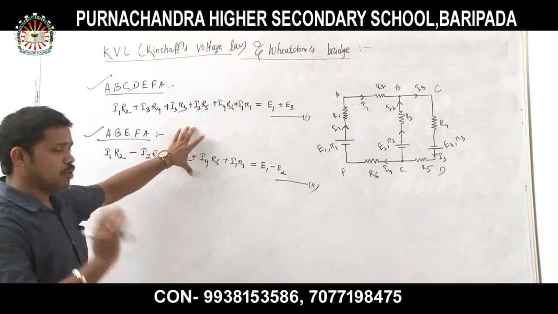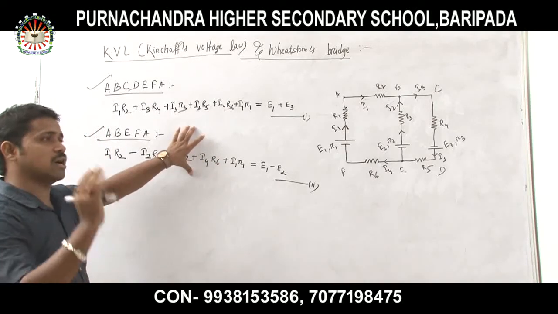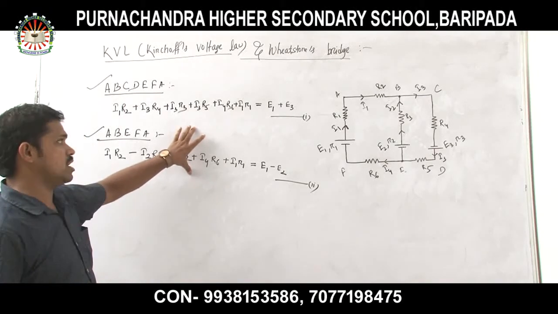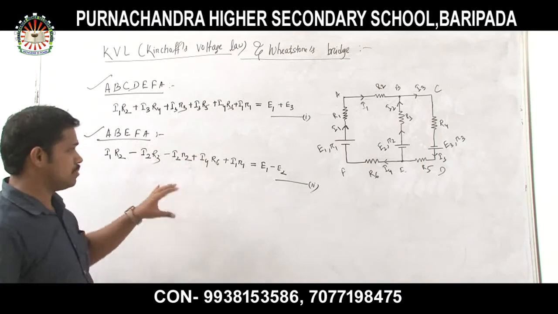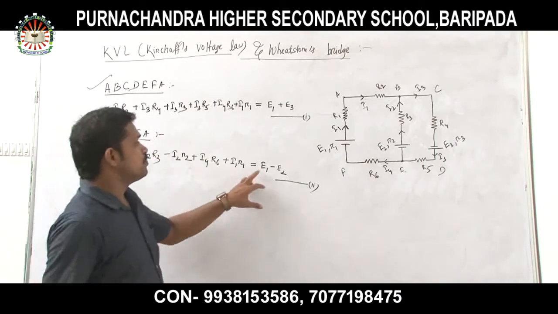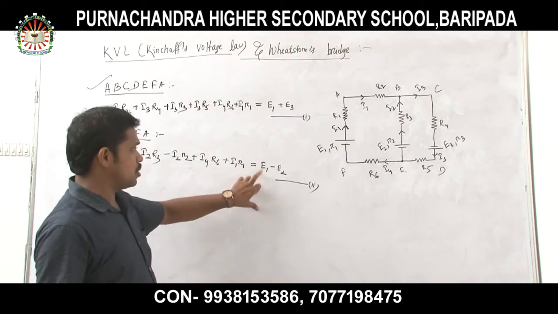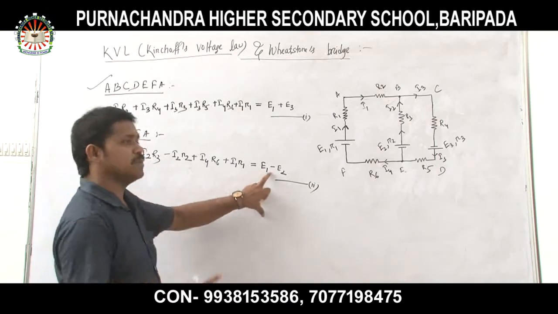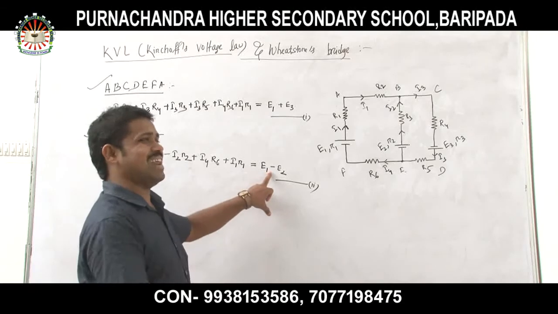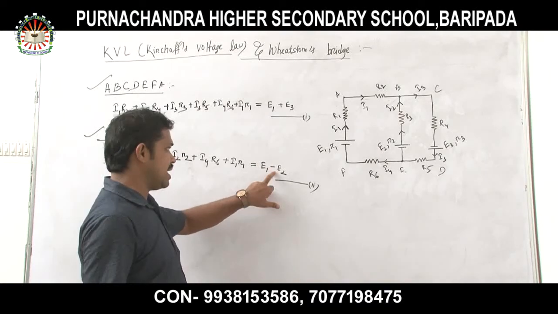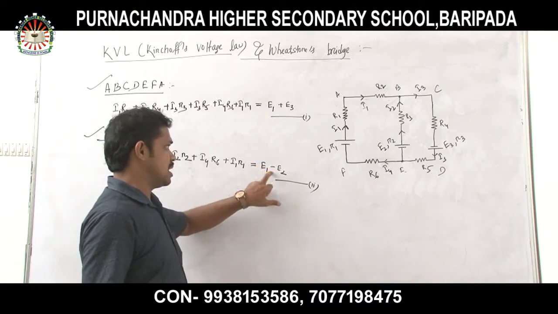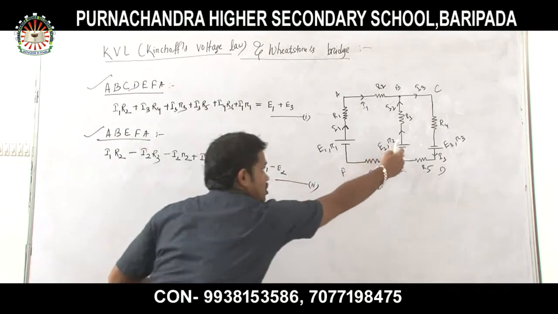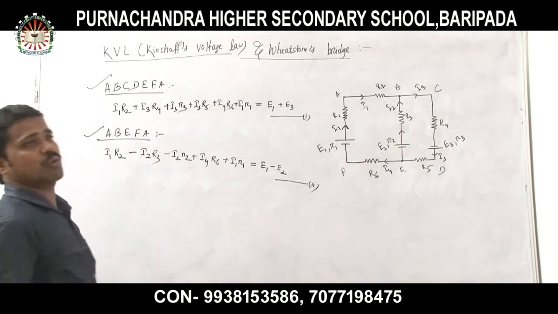Where the current flows in clockwise direction, you will take the current as positive. Where the current flows in anti-clockwise direction, you will take it as negative. This is number 1. Number 2: if the cell is producing a clockwise current, you will take the EMF as positive. If the cell is producing an anti-clockwise current, you will take the EMF of that cell as negative, as we are taking minus E2 here, because it is producing an anti-clockwise current.